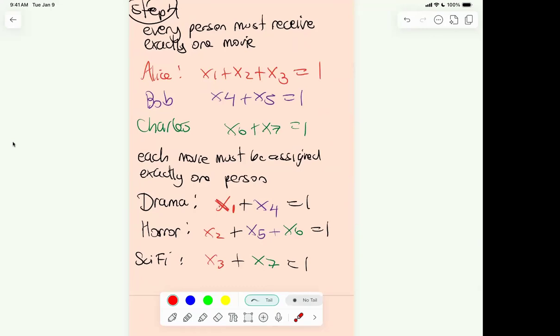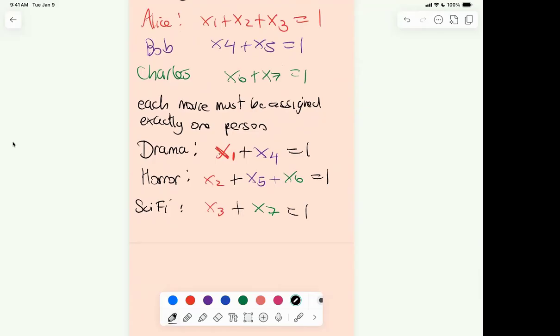Does that make sense? And there you go. That's your integer program. So let's just write this all down.